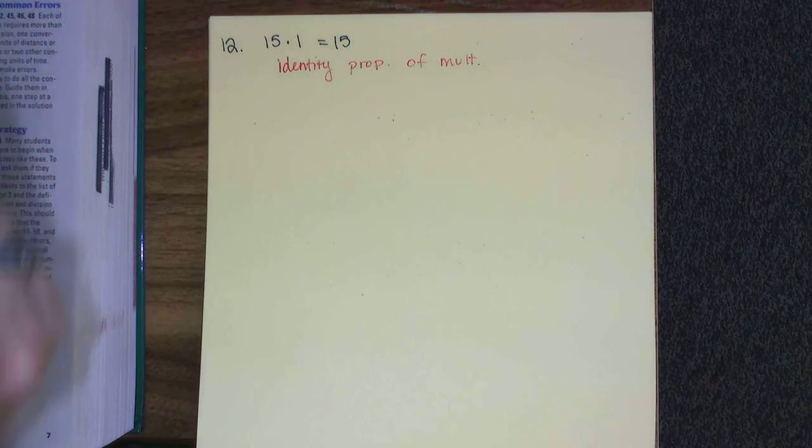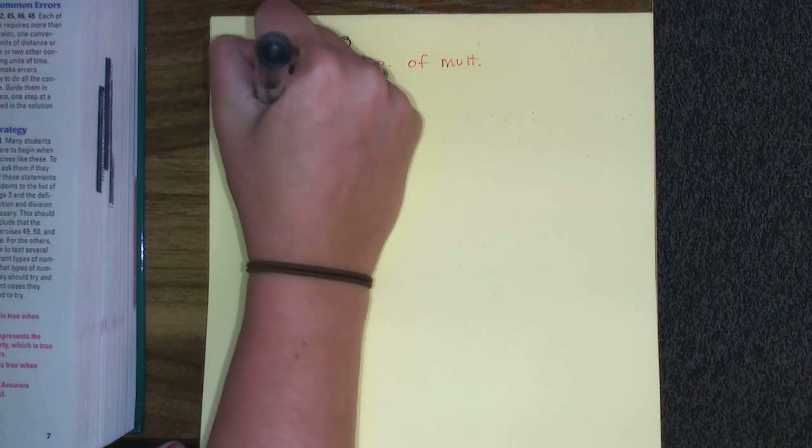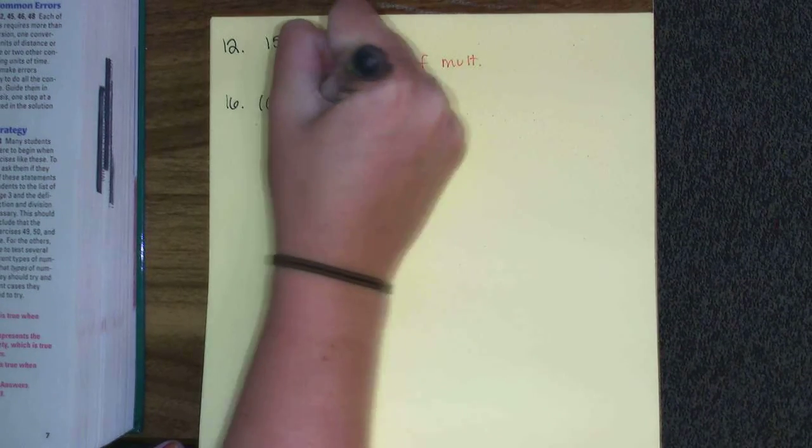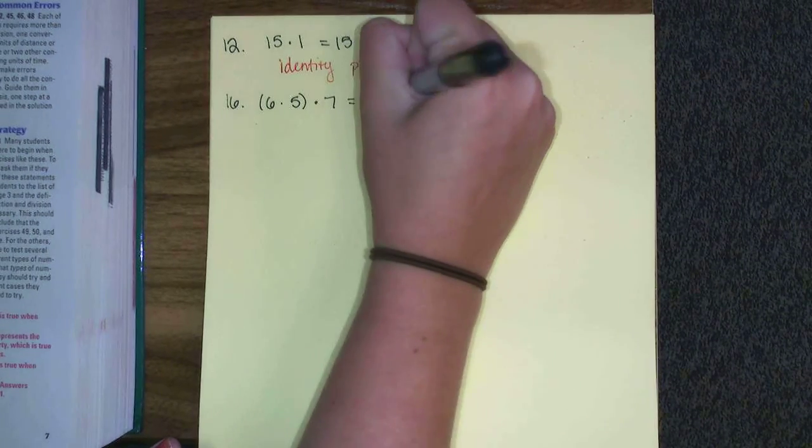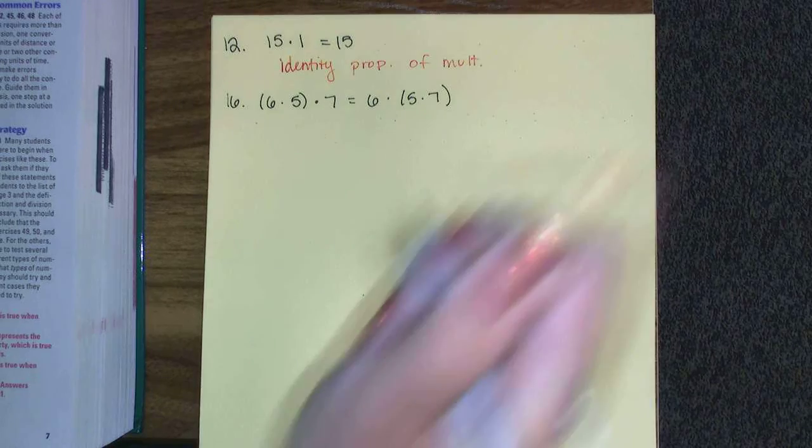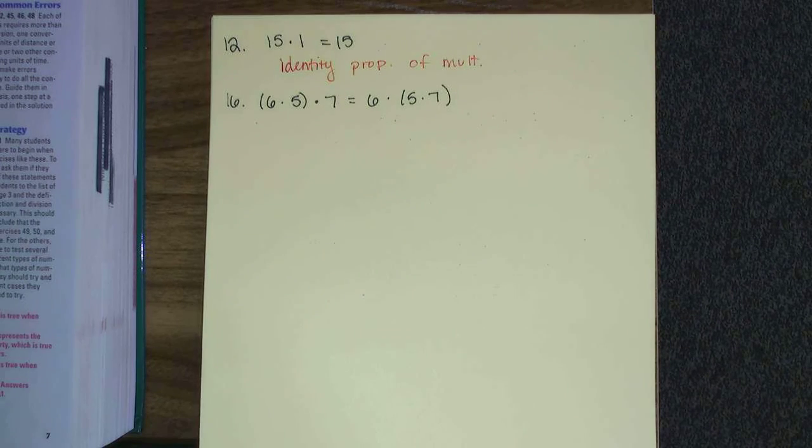Okay. Next, we are going to do number 16, so same section, same instructions. 6 times 5 times 7 is equal to 6 times 5 times 7. So how about the property for this one? What does that look like?